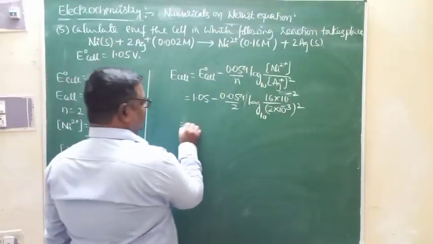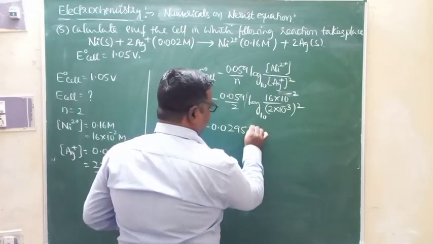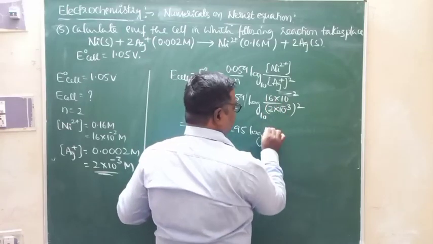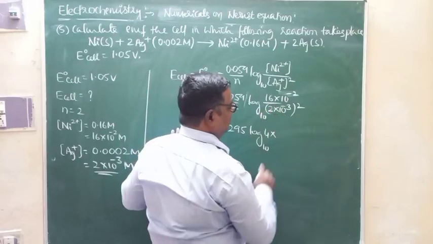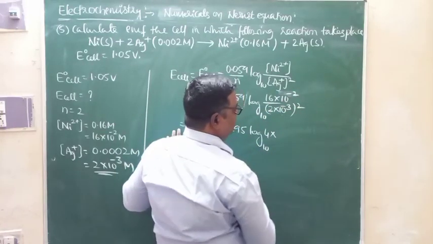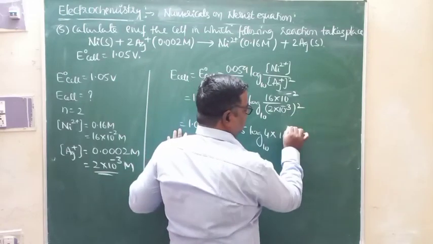That is 1.05 minus 0.0295 log to the base 10 of, 16 by 4 is 4, 4 into 10 to the power minus 2 into 10 to the power minus 6 rather, 10 to the power of minus 6, moving up gives 4.